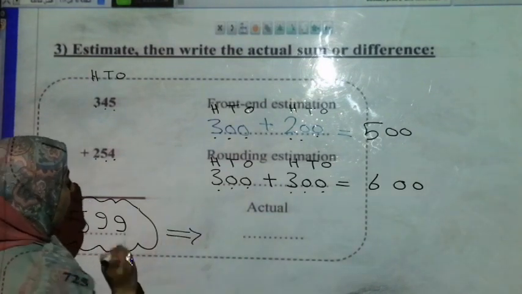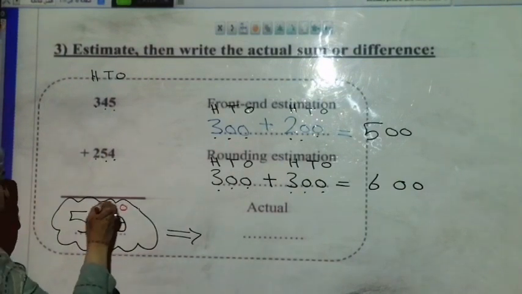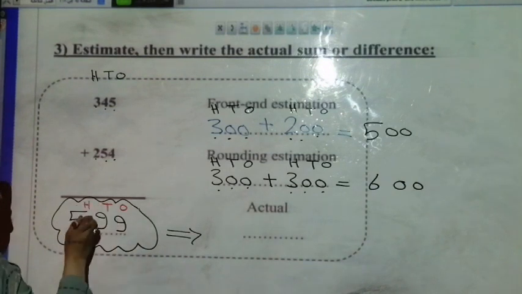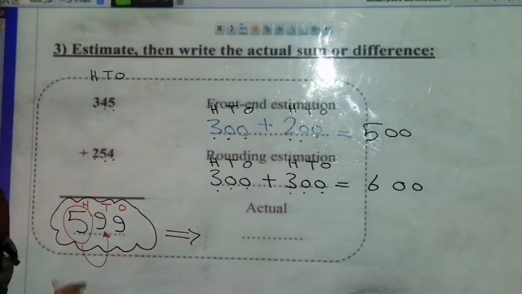And now I will round this number to the nearest hundred. So, circle around the hundreds. Ones, tens, hundreds. Look at the digit before hundreds. 9 in tens. 9 is rich.